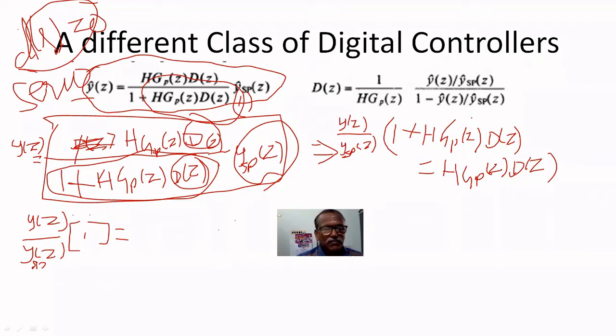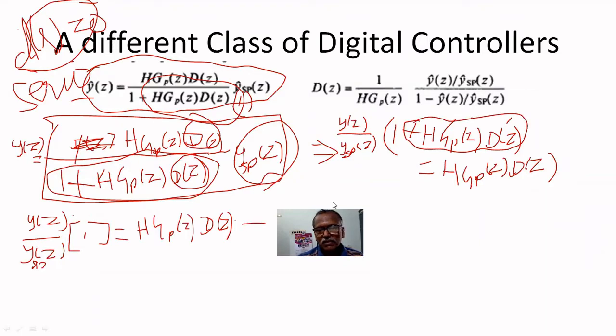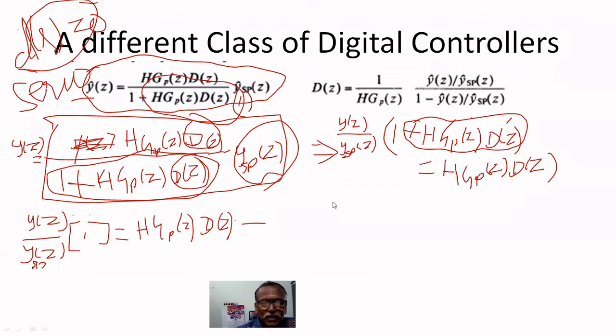Already on the right hand side we have HGP(z) multiplied by D(z). This plus term you can bring to the right hand side. If you bring this to the right hand side, you will get a minus. What you will get?